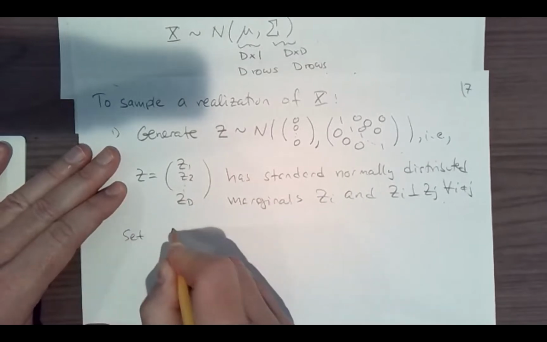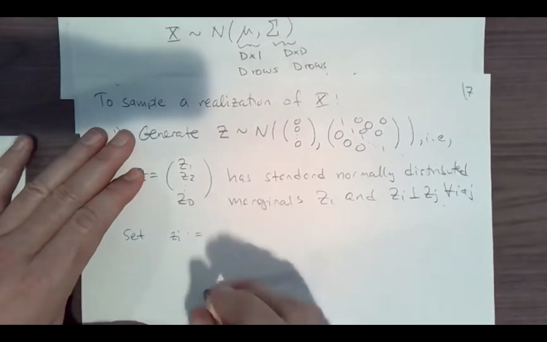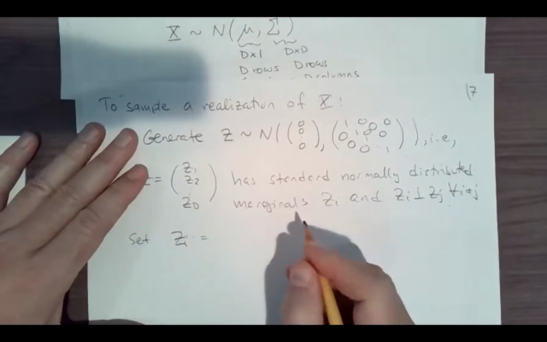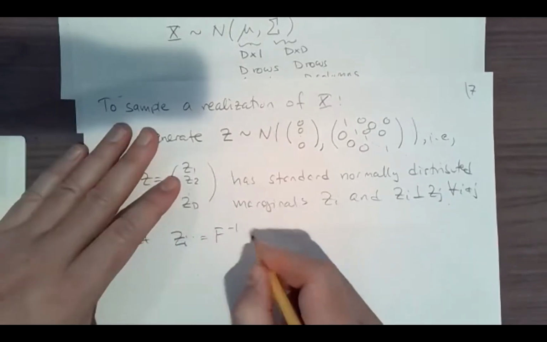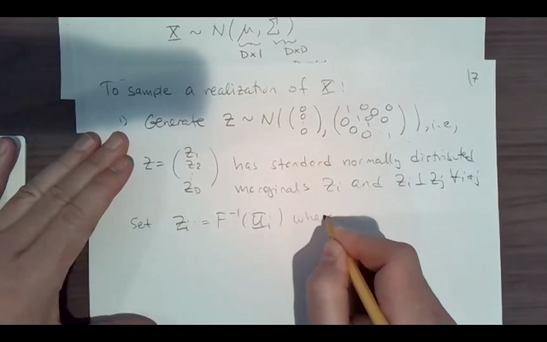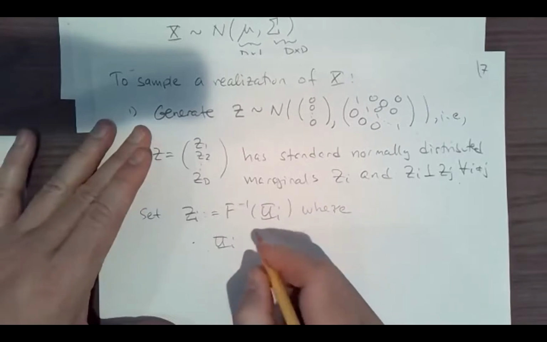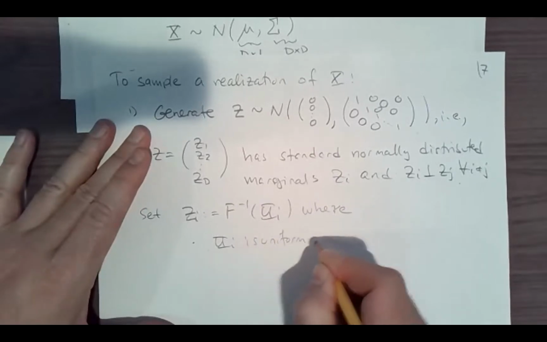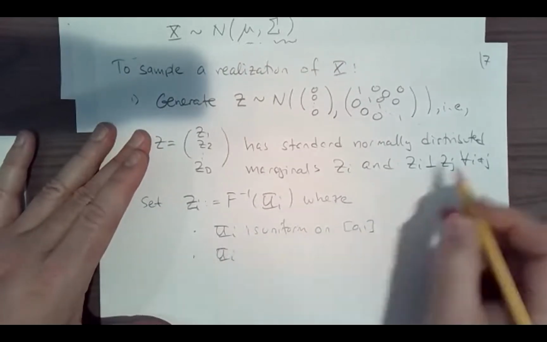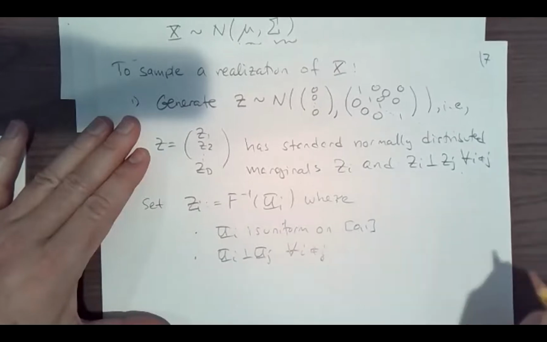You set big Zi to be F inverse of Ui, where Ui is uniform, and Ui is independent of Uj for any i not equal to j. We need to get the independence.